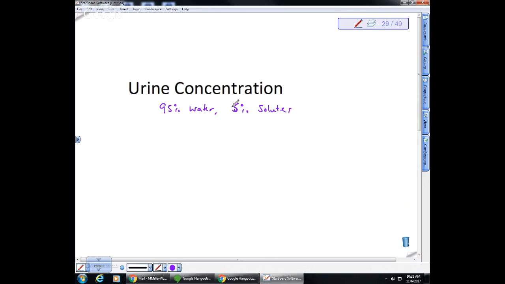So from the lab, how did we measure how much solute was in the urine? Remember? Yeah, the floating thing, right? So we used a hydrometer to measure the solute concentration, because if there are more solutes, it causes the hydrometer to float up.